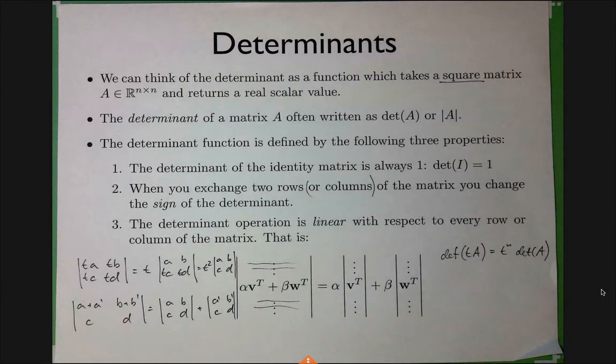So these are the three defining rules of a determinant, and then we had a bunch of rules which follow from this logically. This is the definition, and then we have lots of derived rules. What I'm trying to do right now is to build up to a formula for how to compute the determinant of an arbitrary matrix, and how to derive the formula.